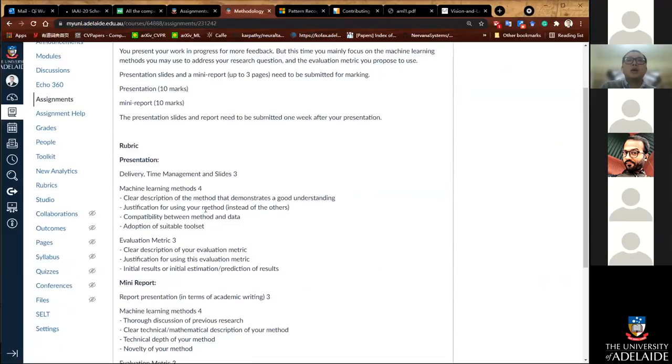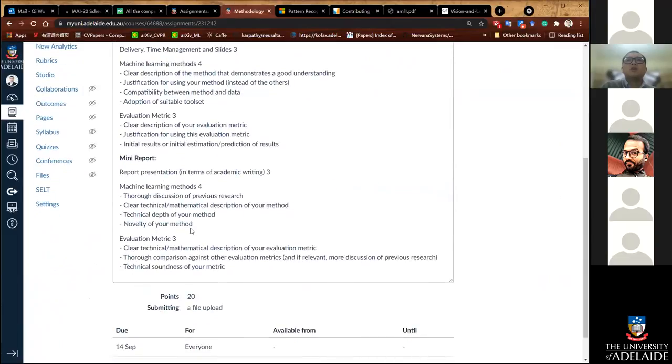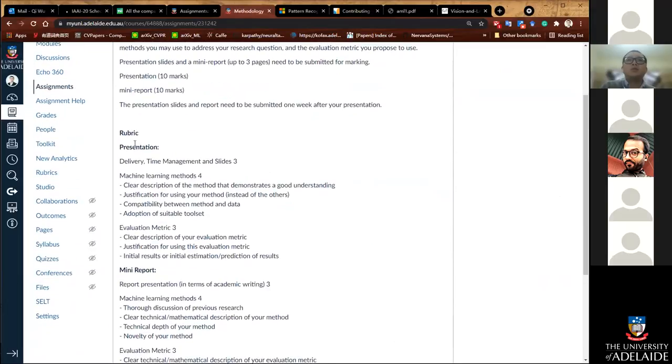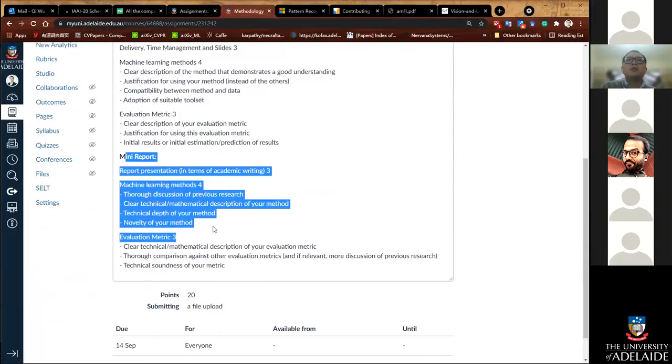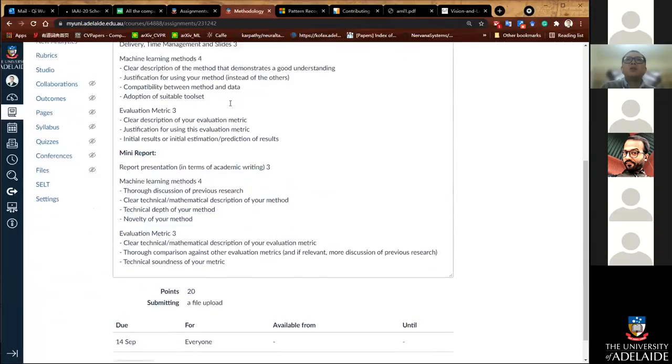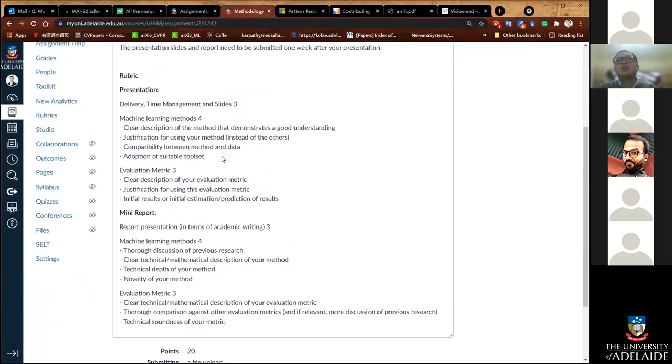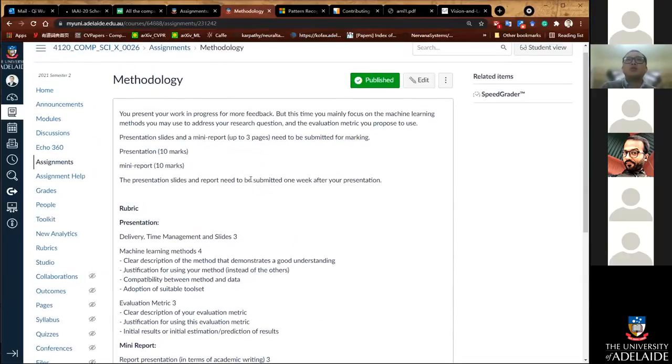And again, we have very detailed explanation of how we will mark your presentation and the mini report. Okay. So for example, machine learning method, whether you have used suitable tool sets and what kind of evaluation metric you want to choose in your methodology part, right? So you have 10 marks for the presentation, 10 marks for the mini report.